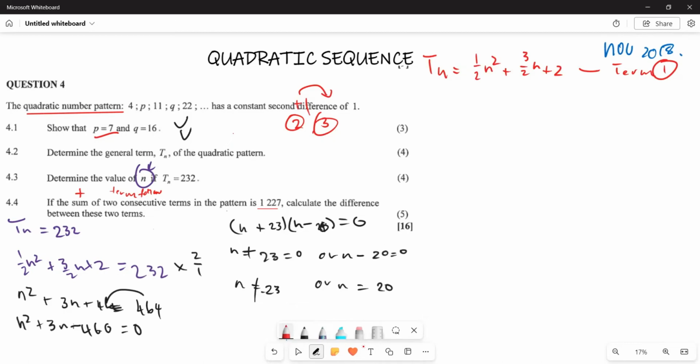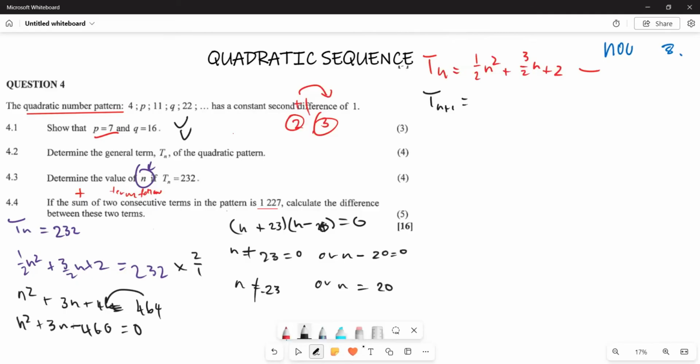When I say your term 1, I'm simply making an example that if this is the nth term, what is going to be the other term that you are going to have? Remember, I said when you're moving from term 3 to term 4, you're adding 1. So for you to move to the next term, this is going to be Tn plus 1. What is going to be Tn plus 1?